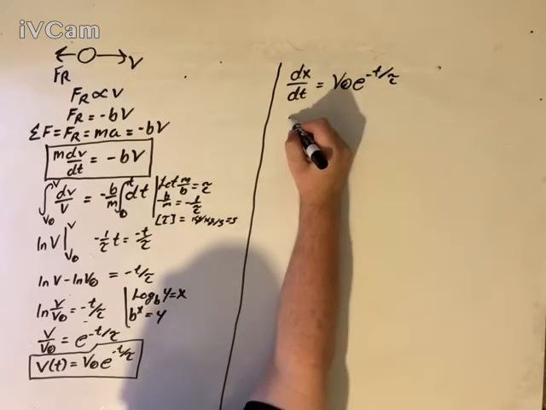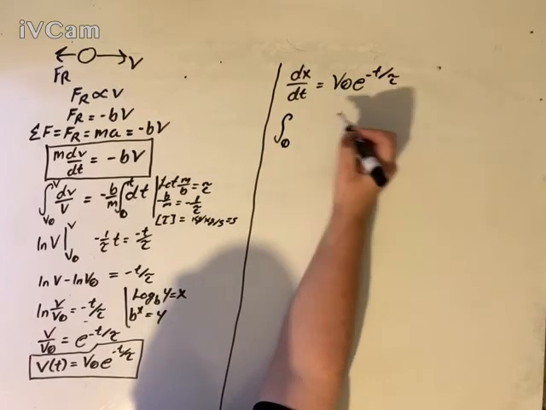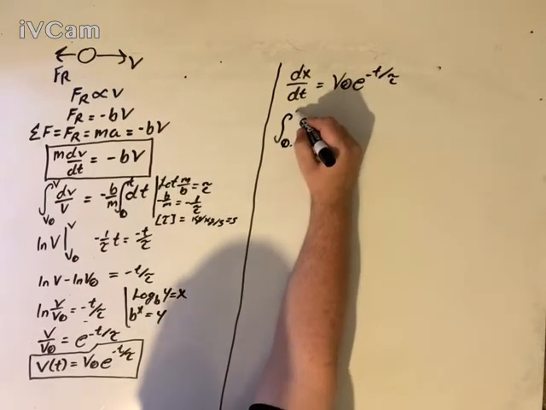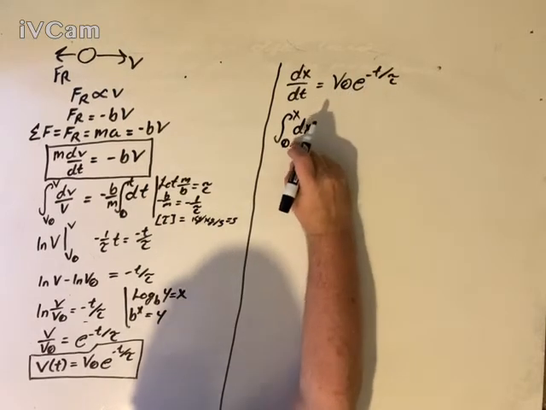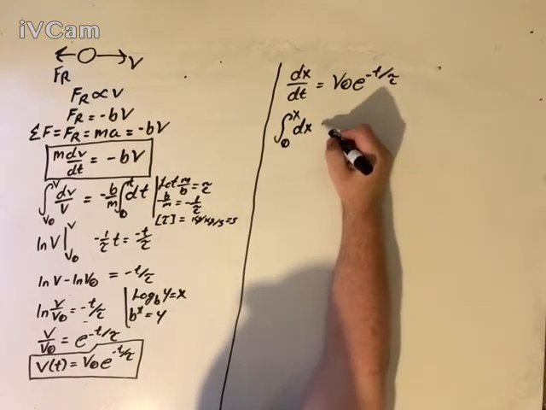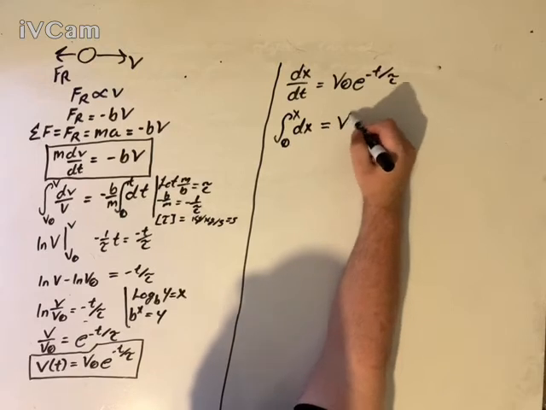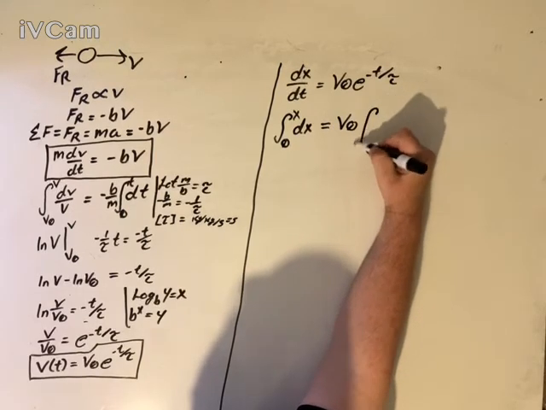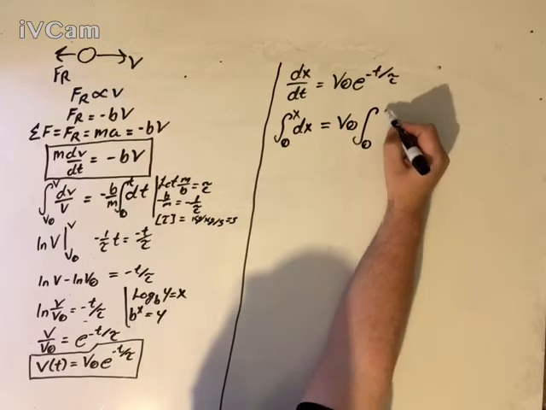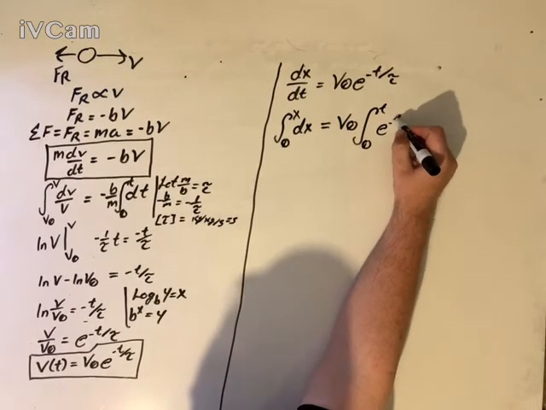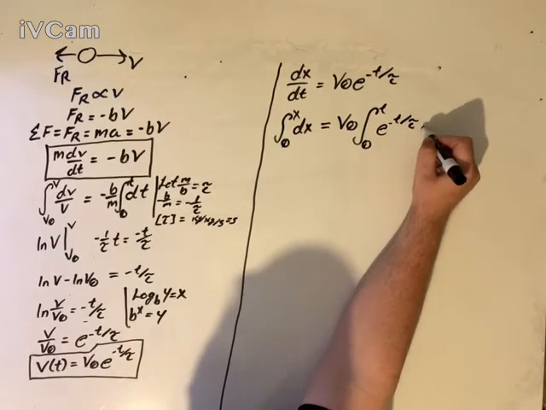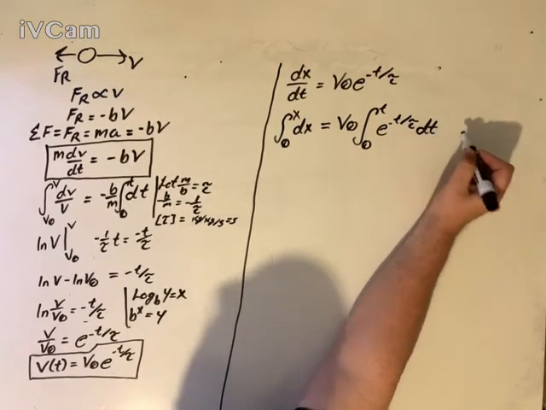Again, we'll use separation of variables. I'll integrate from x equals 0 to x. I'll integrate from those limits the quantity dx, and I will integrate on the right side e to the negative t over tau dt.